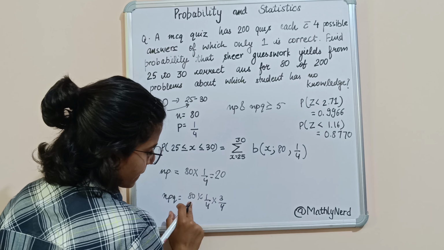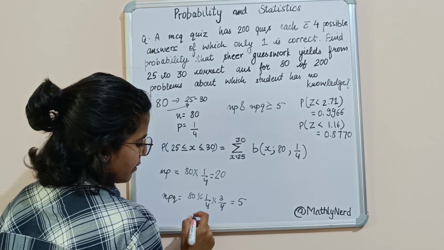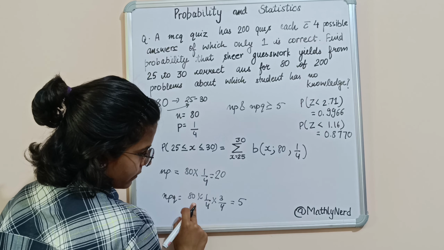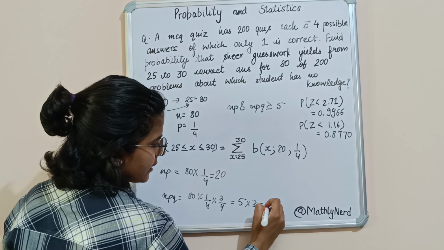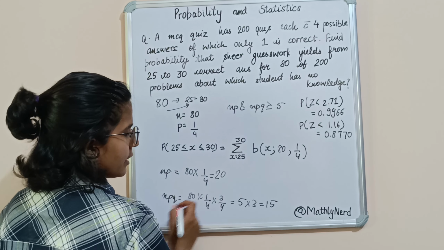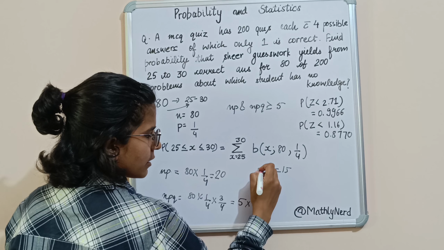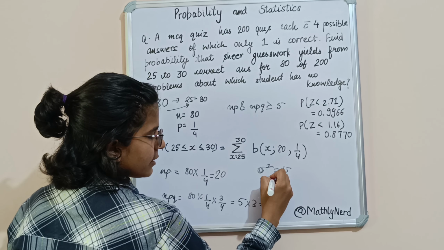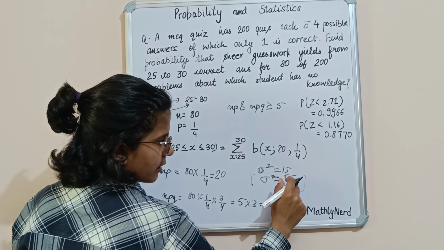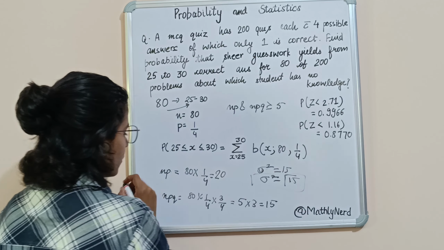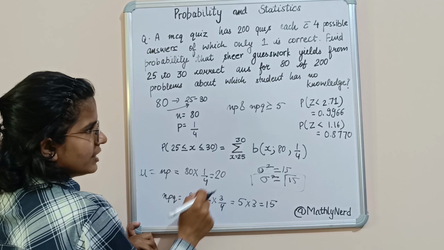So this will be 80 by 16 into 3, so this will be 15. Now sigma square is 15, sigma will be under root 15. Now mu equals np, and that equals 20.